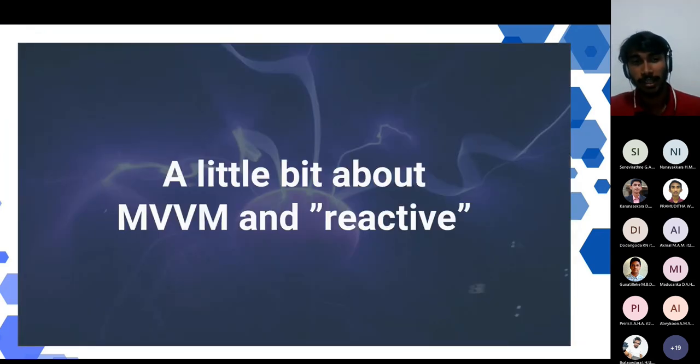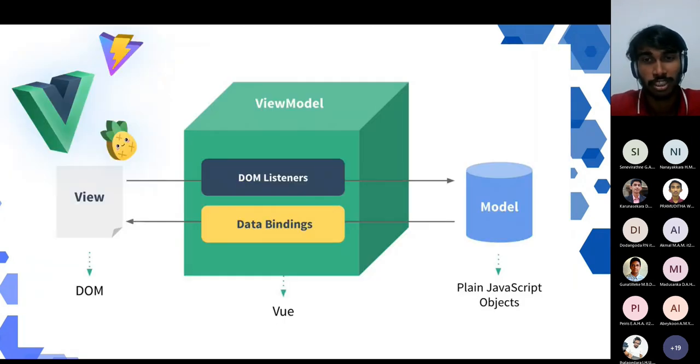Let's learn about the MVVM architecture. The Vue.js framework uses MVVM architecture for DOM manipulation, like a virtual DOM. I'm not going to explain all of these things because we don't have enough time.